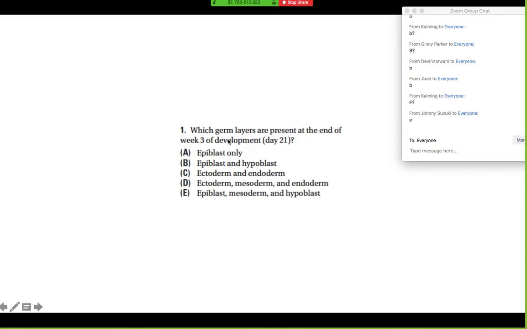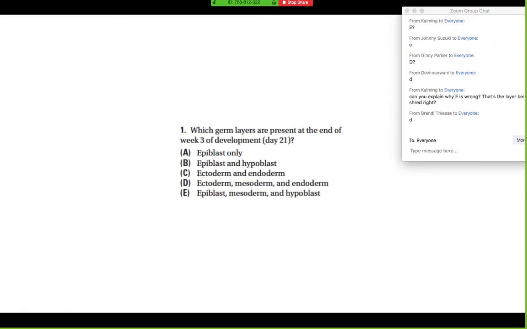Okay. Which germ layers are present at the end of week 3 of development? Yeah, just 1 second. Let's get through this one and then I'll go back.